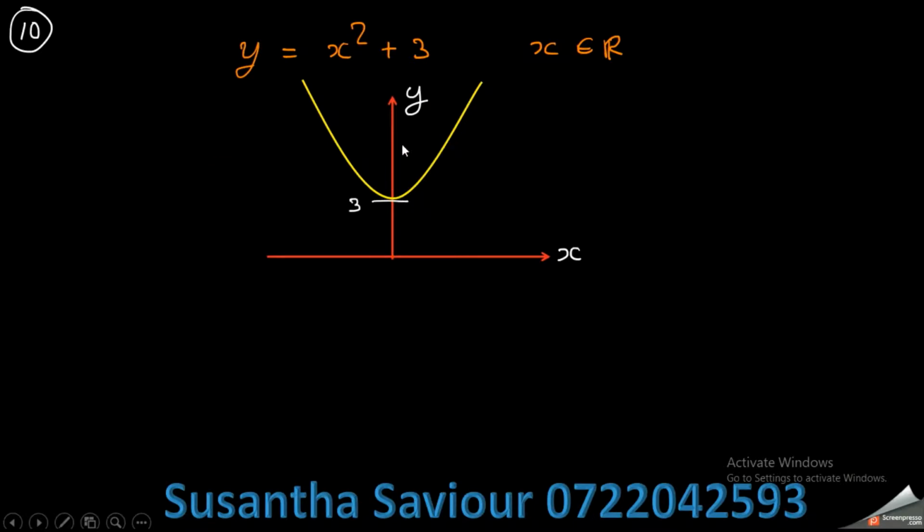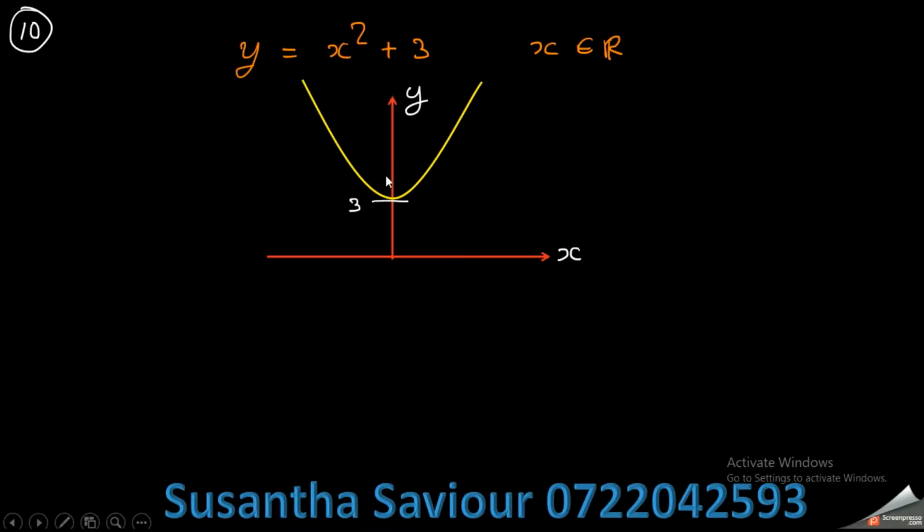Actually the previous curve is lifted upward by 3 points. All the values are greater than or equal to 3. So our range will be y is greater than or equal to 3. y is moving this way, right?